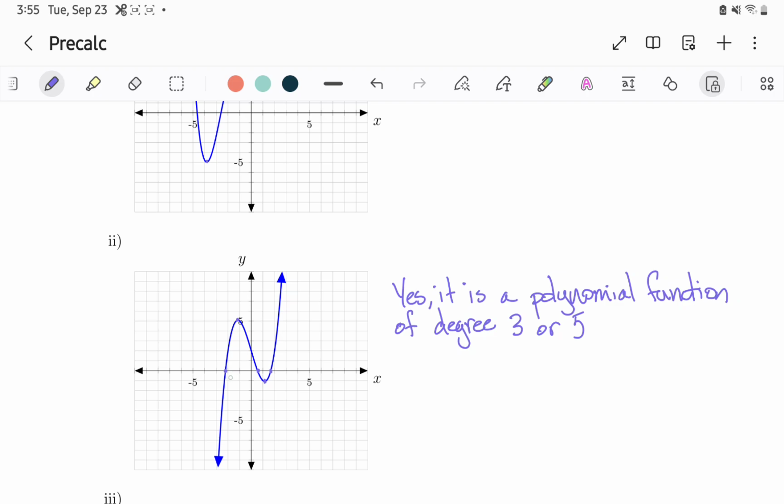We could just have a zero, or rather 2 zeros maybe even, of a multiplicity greater than 1.